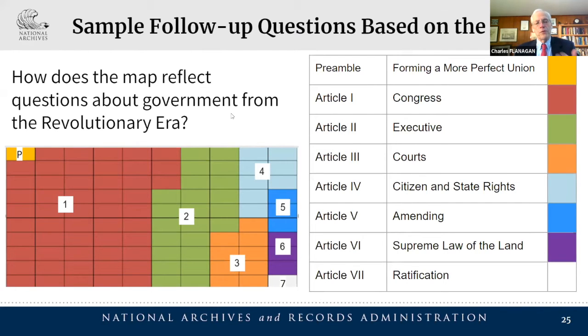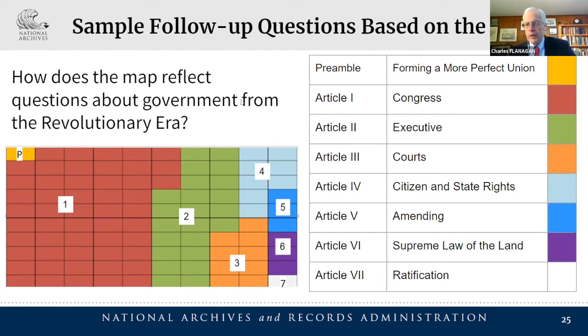And so, if you're looking historically, if you're teaching a history class, you can say, what does this map reflect about political questions from the Revolutionary era? They want to have government by the people. Where's the people's branch? Perhaps it's in Congress. Why do you think, coming out of the Revolutionary War, they might have made Article 2 come second and be only half as big as Article 1?